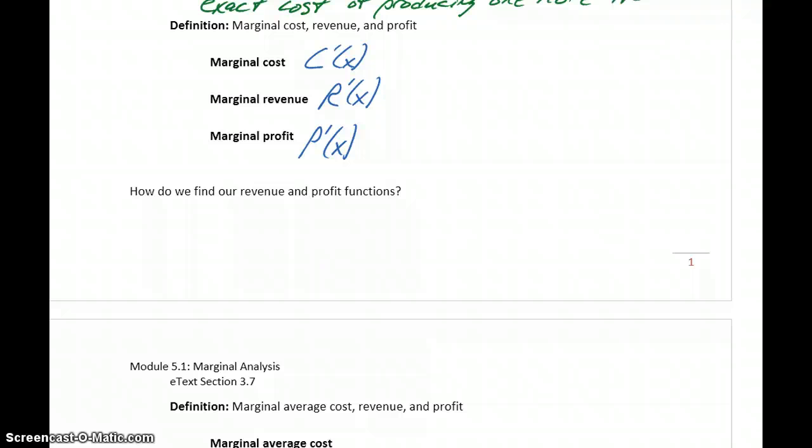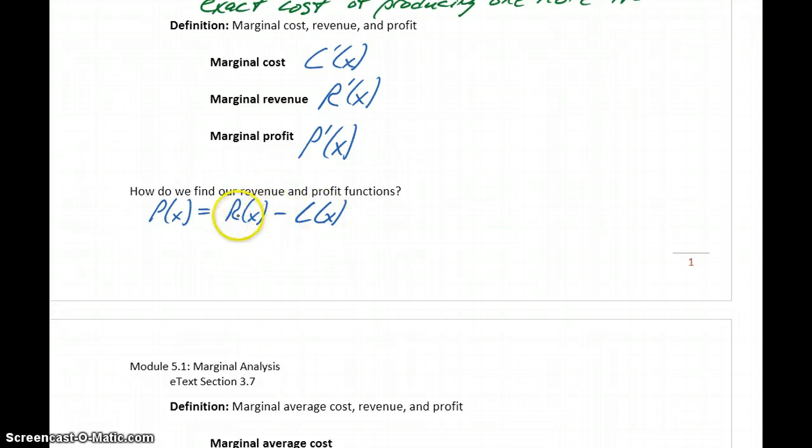So let's do a quick recap here. Hopefully this is review, but we'll cover this quickly. A question to make sure we know how to answer is, how do we find our profit and revenue functions? In some problems, we'll be given a profit function, in other cases not. If we're not given a profit function, then we'll most likely be given a revenue function and a cost function.